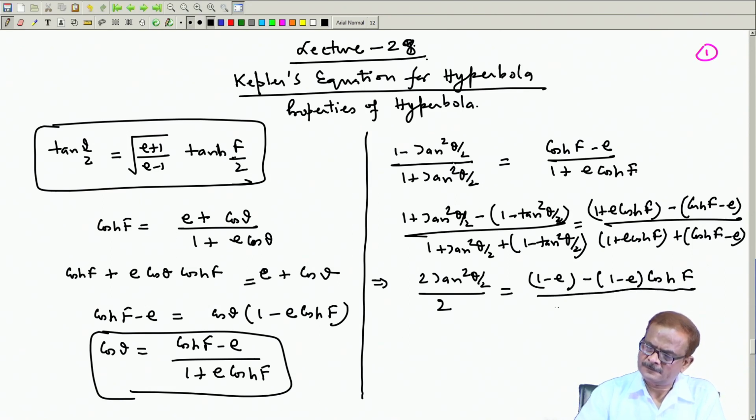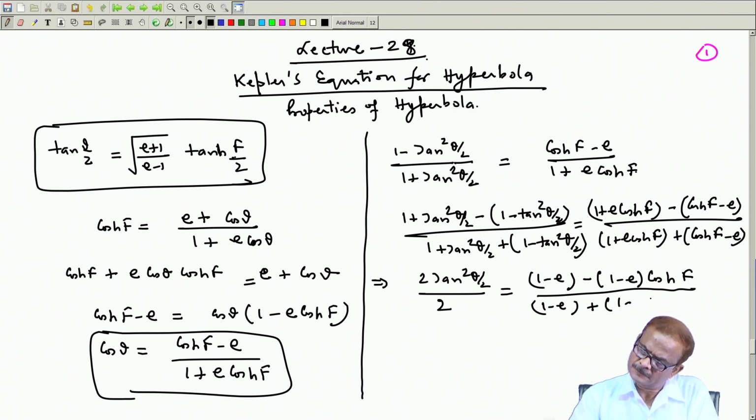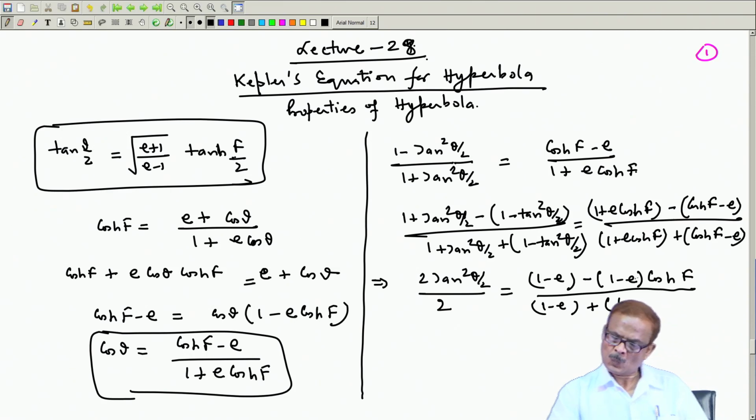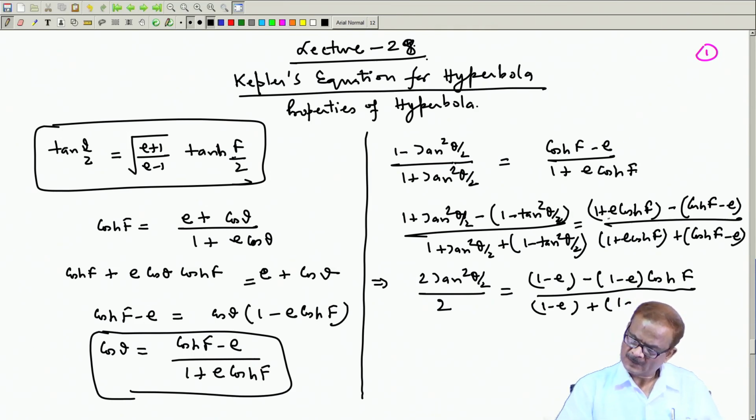Just rewriting the whole thing. One minus e, and here minus cos hyperbolic, this gets to minus minus plus, one minus e.